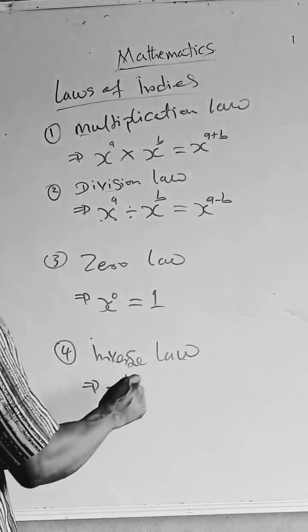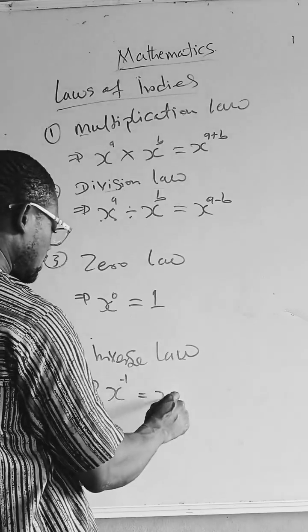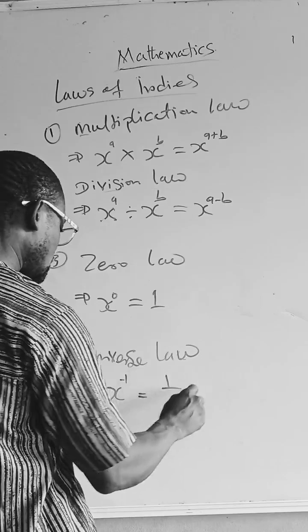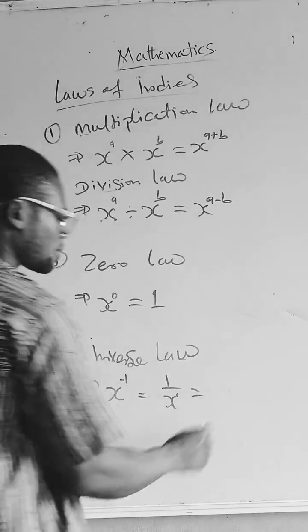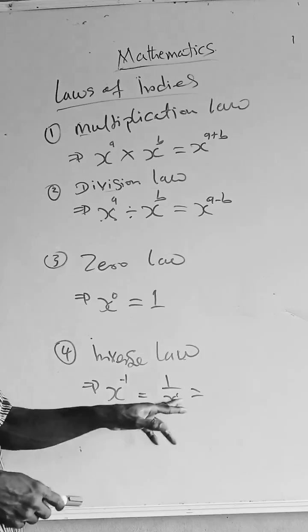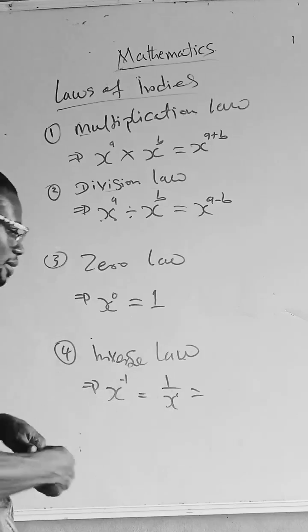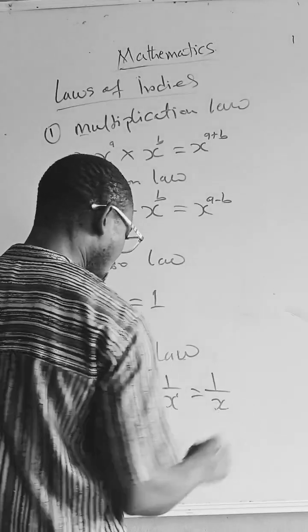X to the power minus 1 is the same thing as saying this will be written as 1 over x to the power 1. And you know in mathematics, anything to the power 1 is that same thing. So I have a 1 all over x.